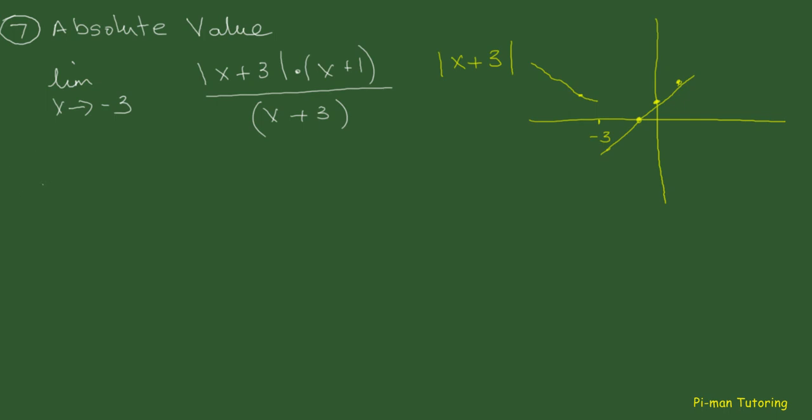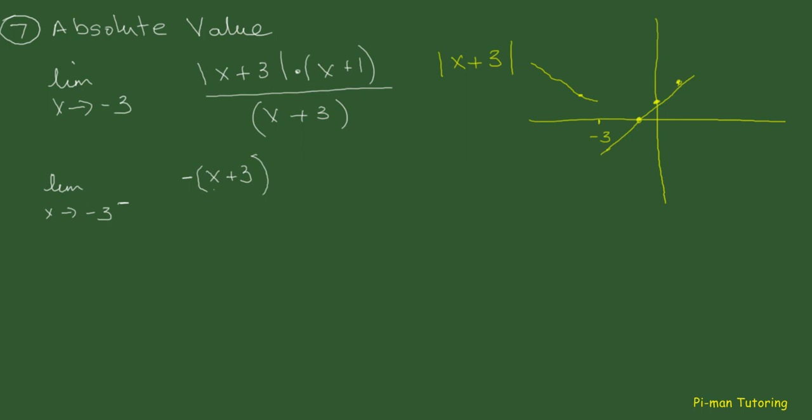So the limit as x tends to -3 from the negative direction. So this means that x is a negative number, and so the absolute value of x plus 3 would be equal to negative x plus 3.